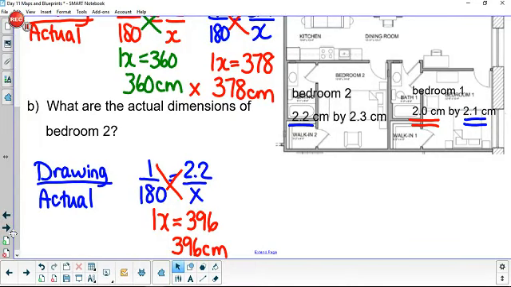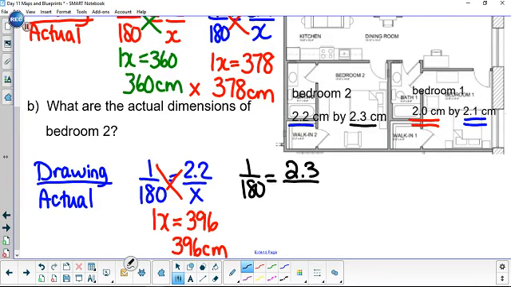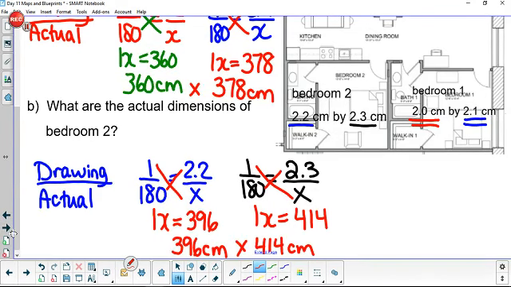The second dimension of that bedroom is 2.3 centimeters. How many centimeters is the actual? 1 times x is 1x. 180 times 2.3 is 414, so it's 414 centimeters. So the dimension of that second bedroom is 396 centimeters by 414 centimeters. So these kind of calculations are done regularly by contractors of various trades.